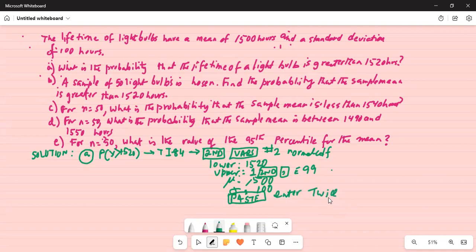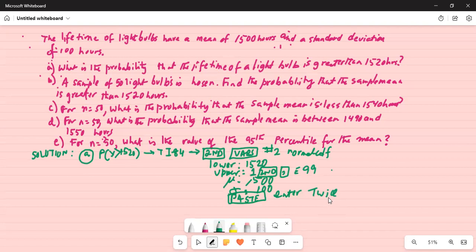Okay, so let's do it. Second, DISTR, 2, normalcdf. Lower, I'm starting from 1520. I want x greater than 1520, so my upper is 1E99. My mean is 1500, and my standard deviation is 100.